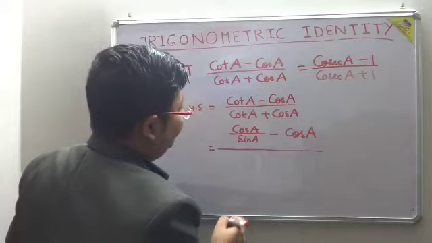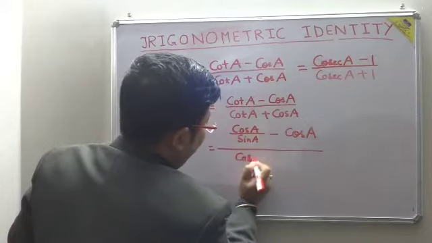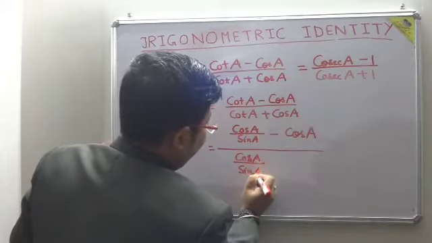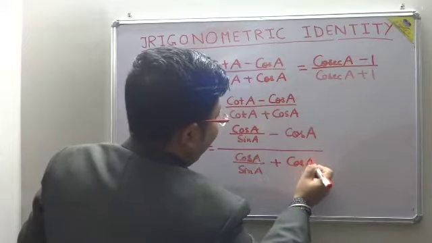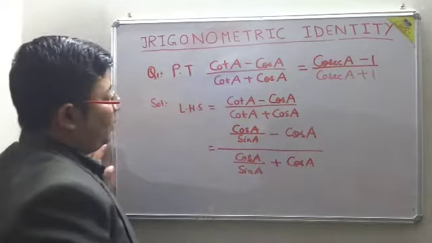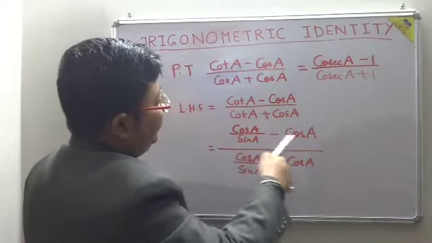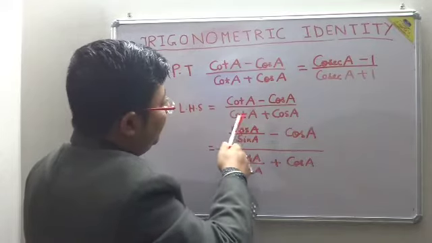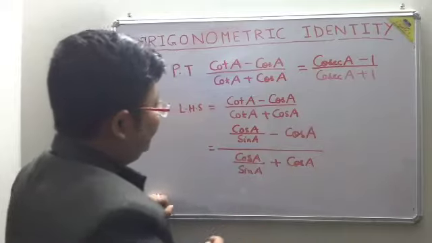And in the denominator, similarly, cot A will be cos A divided by sin A plus cos A. So we have written cot A as cos A by sin A minus cos A in the numerator, and for the denominator we have written cot A as cos A by sin A, same, plus cos A. Now what you can do?